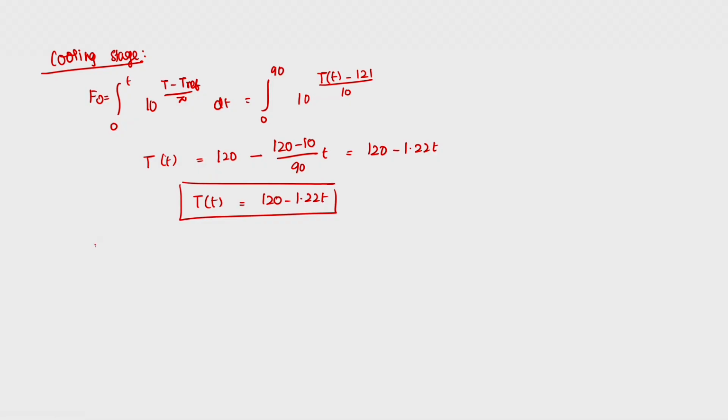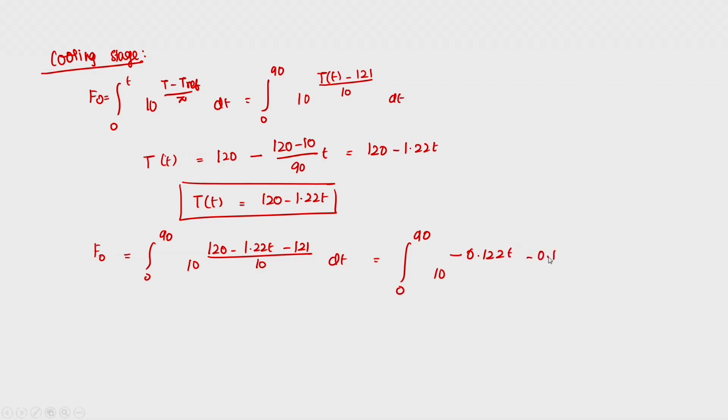So, now I am supposed to substitute there, 0 to 90, 10 to the power of (120 minus 1.22 t minus 121) upon 10 into dt. Which becomes 0 to 90, 10 to the power of (minus 0.122 t minus 0.1).